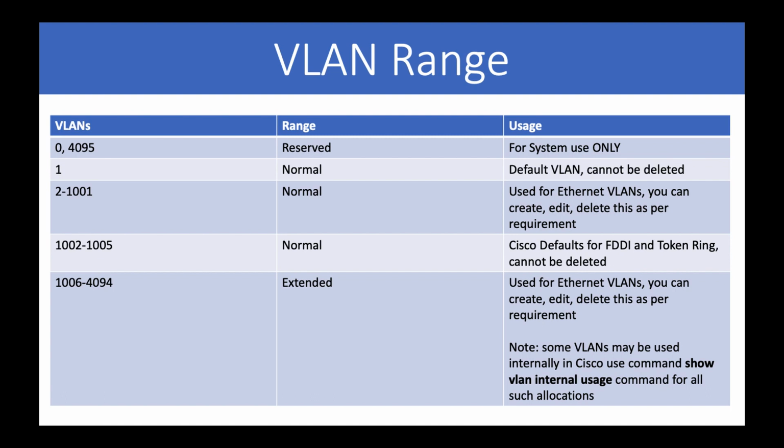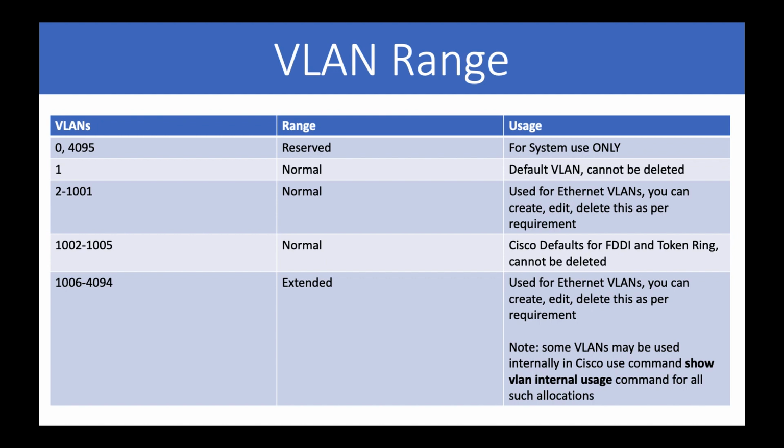We can use VLAN 2 to 1001 for creating, editing, or deleting as per our requirement. VLAN 1002 to VLAN 1005 are reserved in Cisco switches for FDDI and token ring. Then VLAN 1006 to VLAN 4094 is the extended range available. Again, we can create, edit, or delete these VLANs.